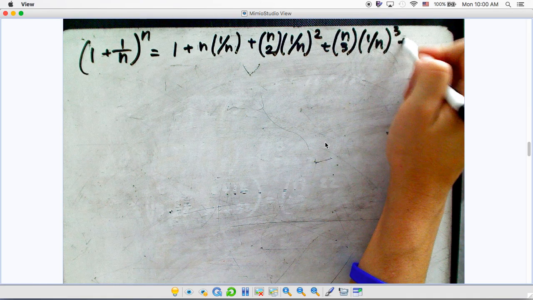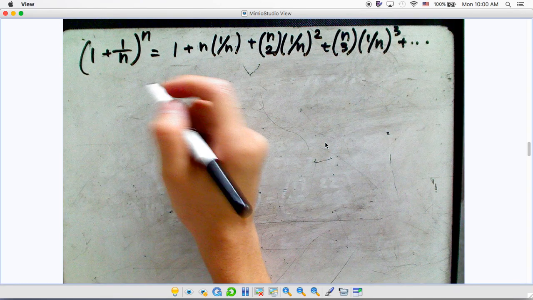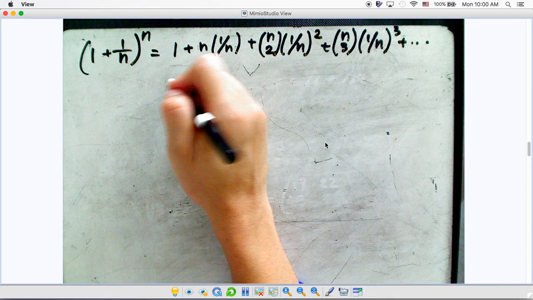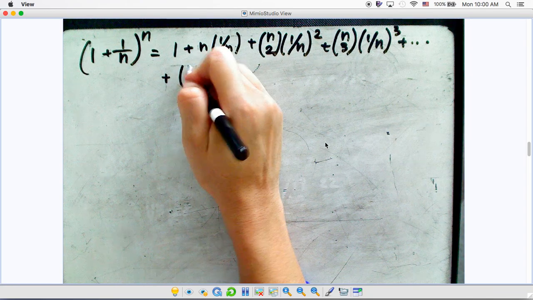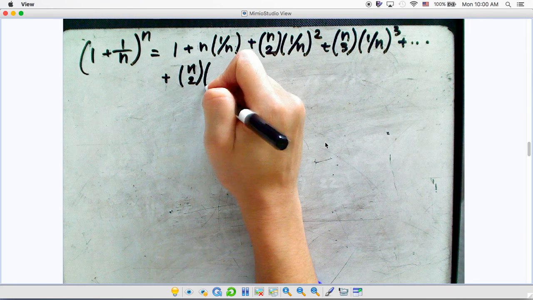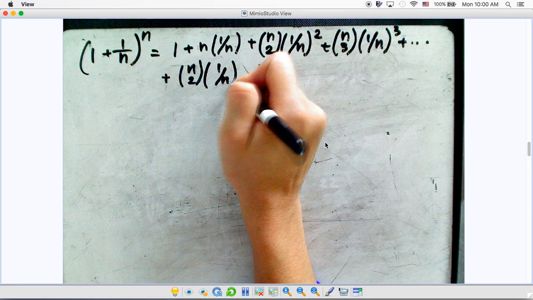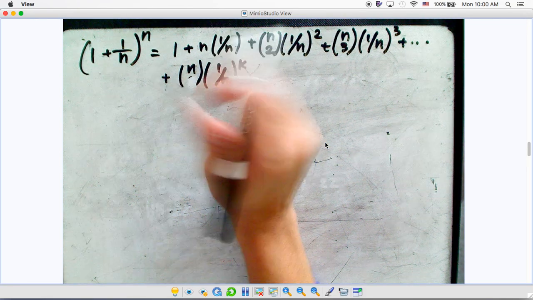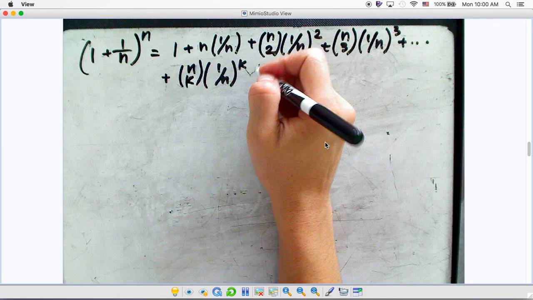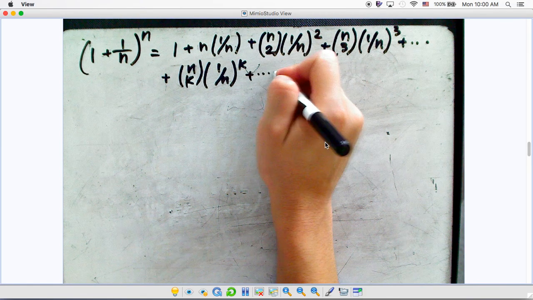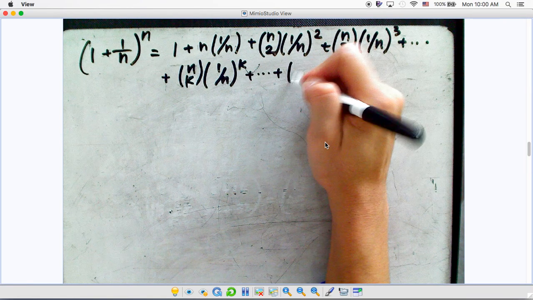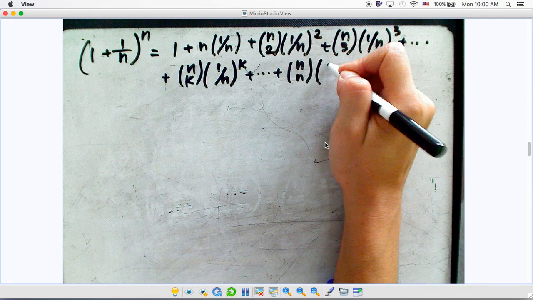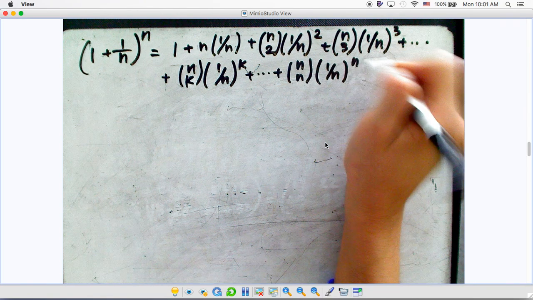And it goes on and on. Towards the end, you'll have n choose k times 1 over n to the kth power. Plus dot dot dot plus n over n times 1 over n to the nth power in general.